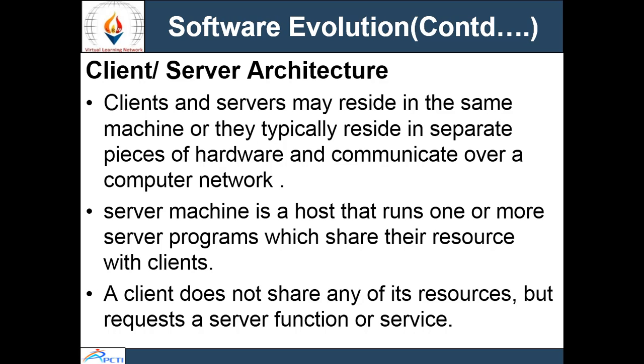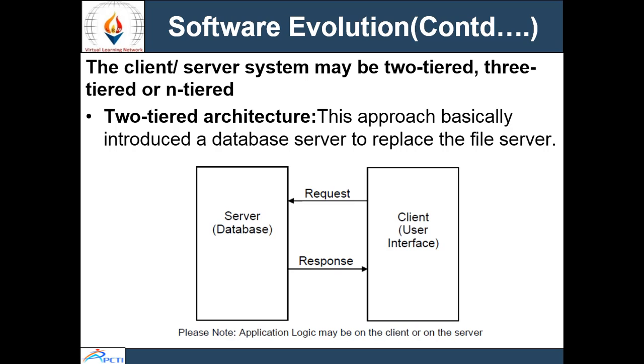The client server system may be 2-tiered, 3-tiered, or n-tiered. The 2-tier architecture basically introduces a database server to replace the file server.